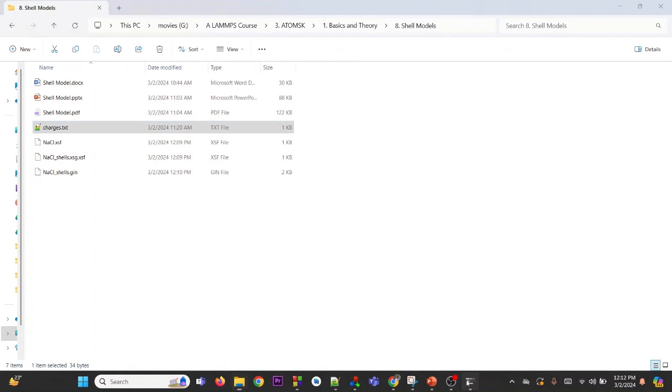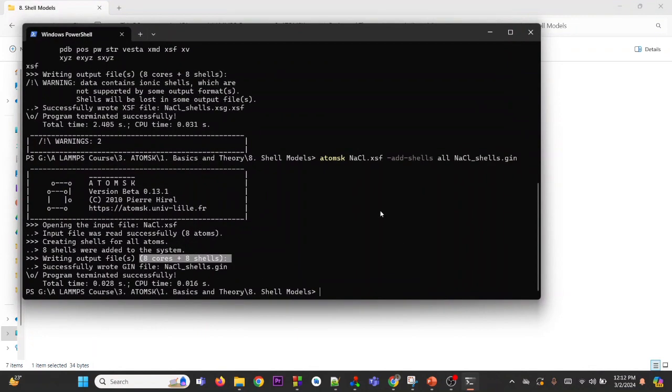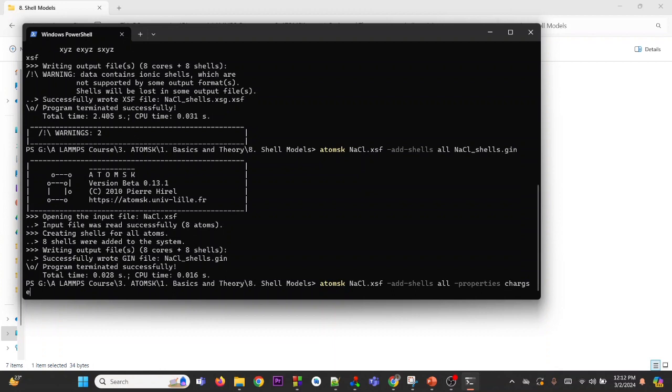This can be seen after we have added our charges. ATOMSK, we are opening sodium chlorine .xsf. We are adding shells to all the elements. Then under the properties keyword, we are adding charges via charges.txt, and we are storing our output in NaCl_shells.gin.